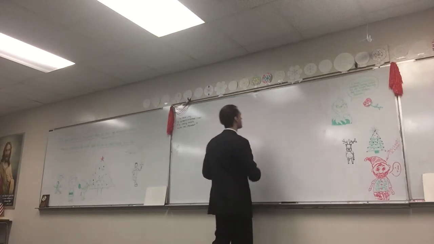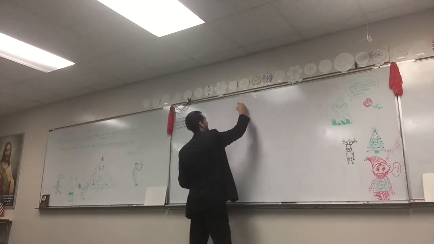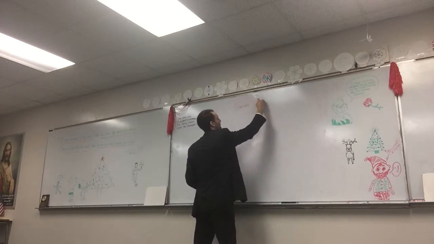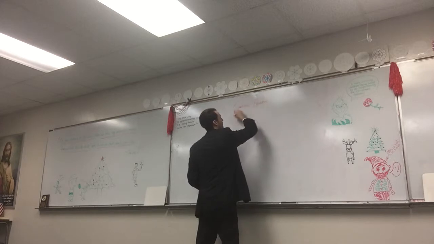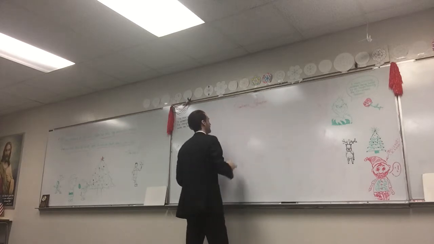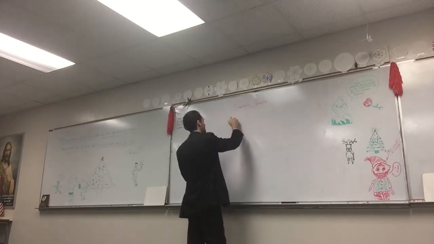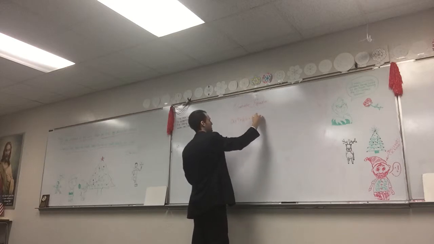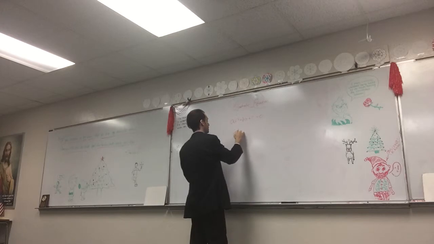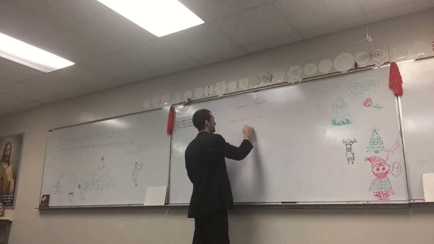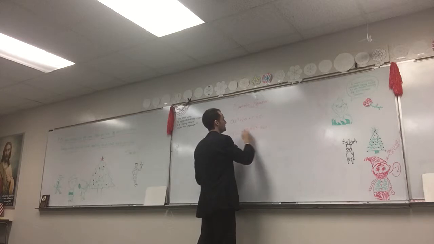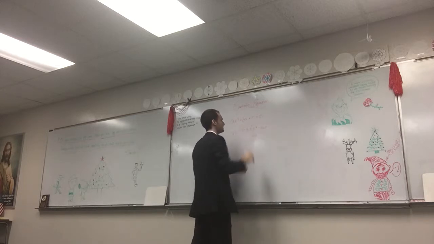Quadratic equation. Standard form of a quadratic equation is ax squared plus bx plus c. If I'm solving for 0, then x equals negative b plus or minus the square root of b squared minus 4ac, all over 2a.